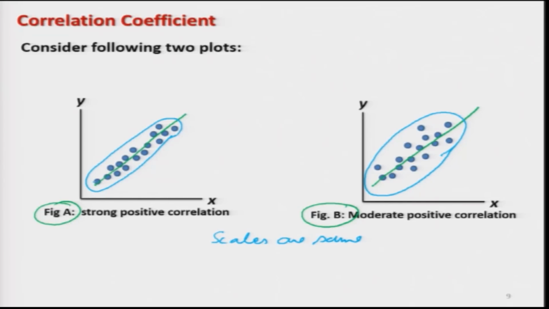When the points are lying close to the line, we say that there is a strong relationship, and in this case the relationship is positive. So, we say that there is a strong positive relationship between x and y. And in figure B, there is a positive relationship, but it is not as strong as in figure A. So, we call it a positive correlation, but it is moderate.